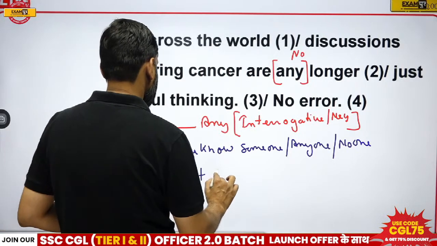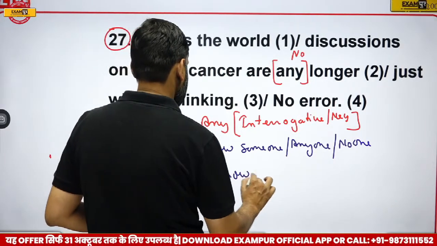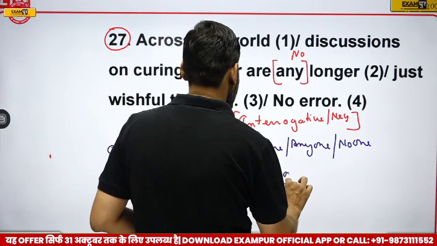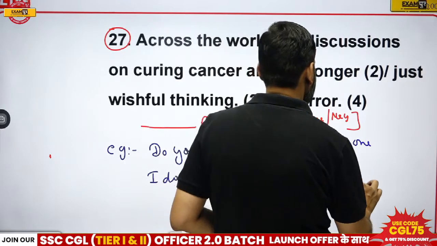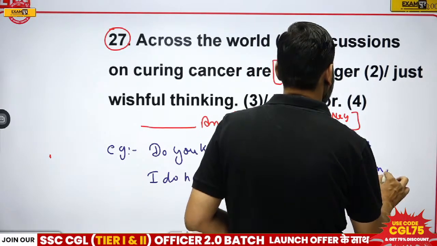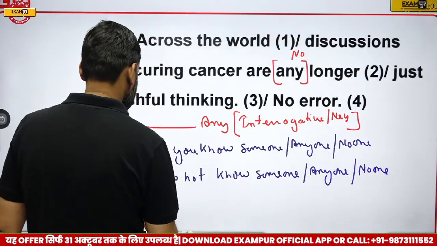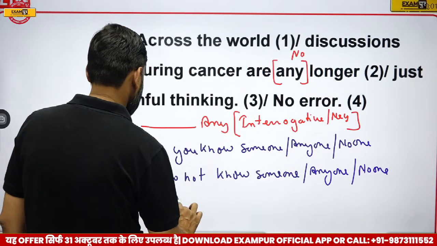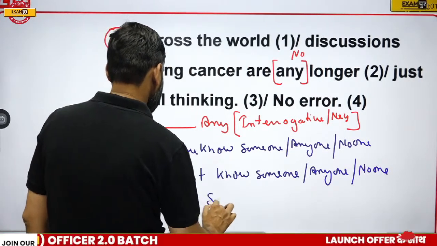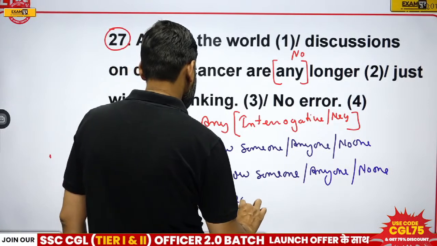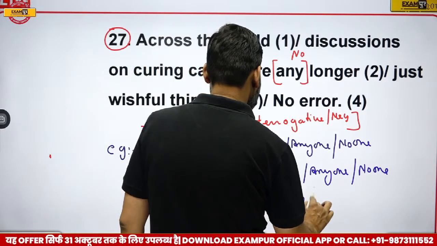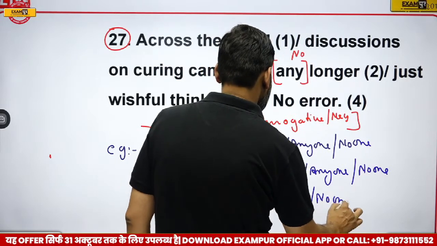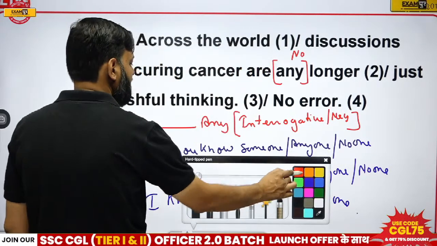I do not know someone, anyone, no one. I know someone, anyone, no one. Now compare these three sentences.